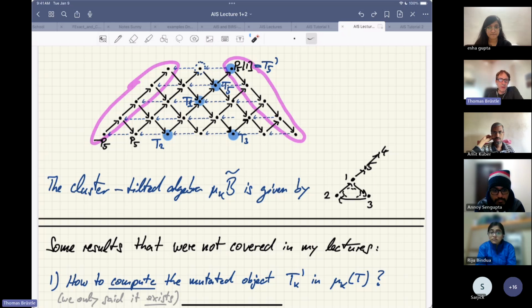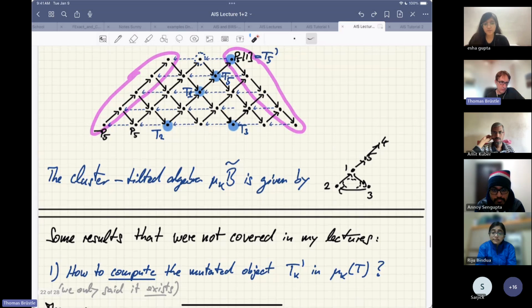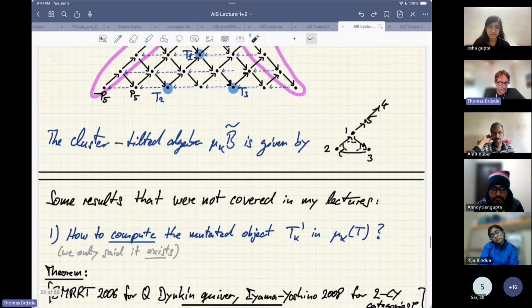And maybe if Isha was talking about tau tilting yesterday, you were doing something like that. But there's a way to construct the mutated summand Tk prime in the cluster category, and this goes as follows.